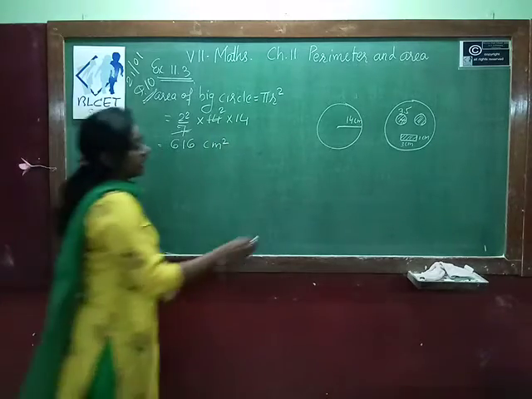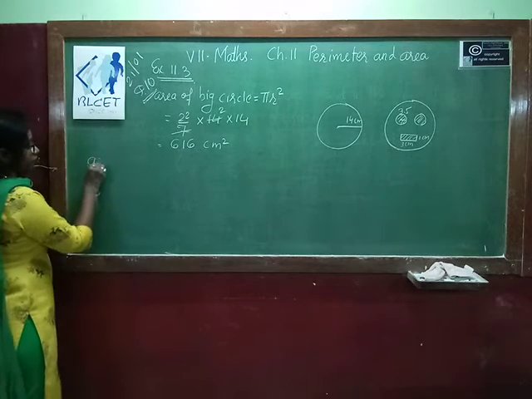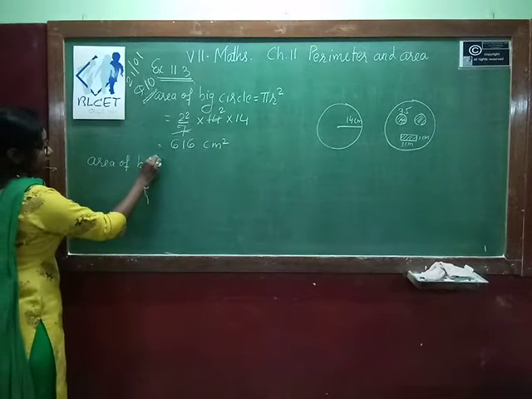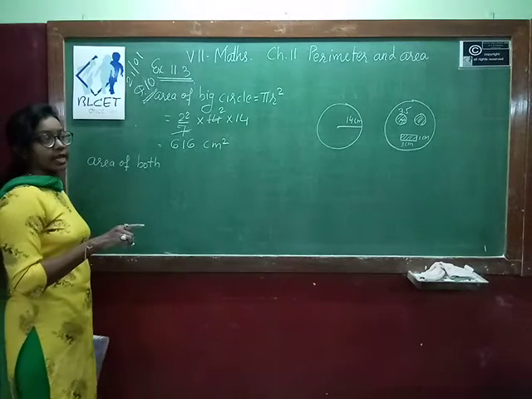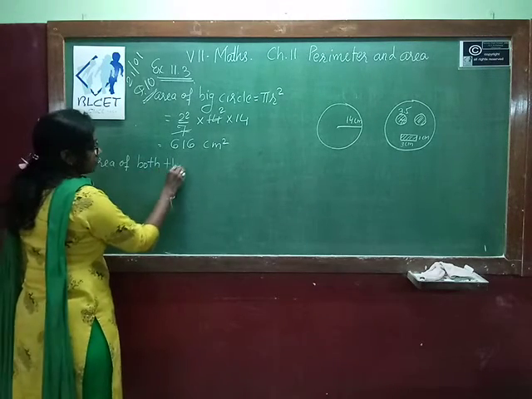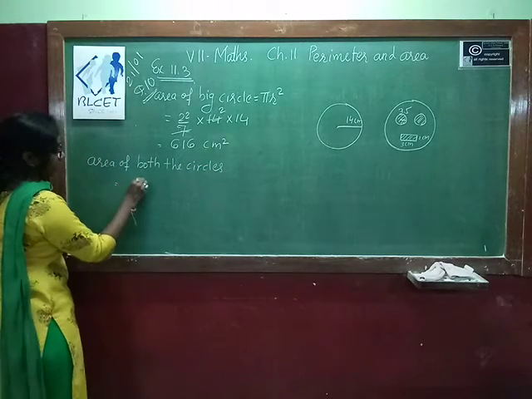Now we will find the area of these small circles. We have two circles of the same measurement, so we can directly write the area of both the circles, and we have to multiply by 2.